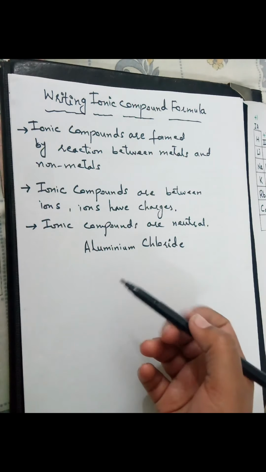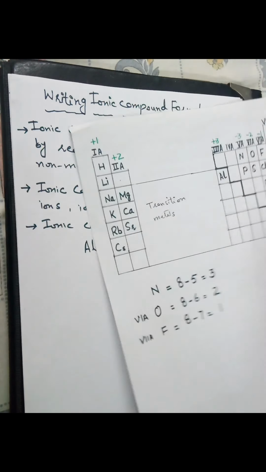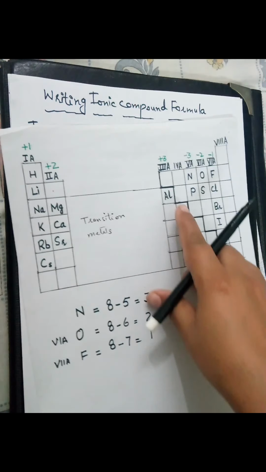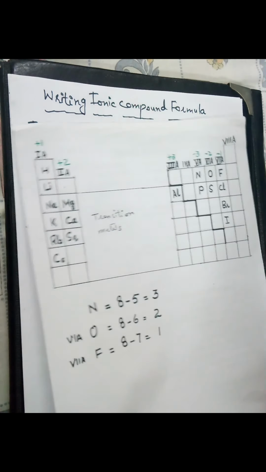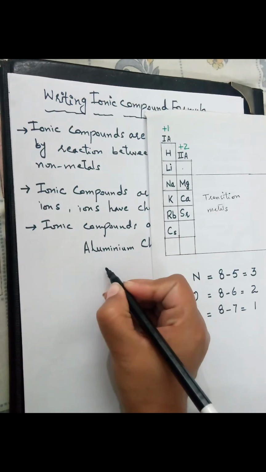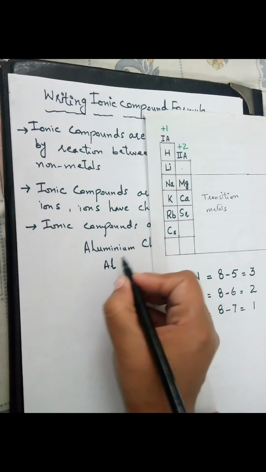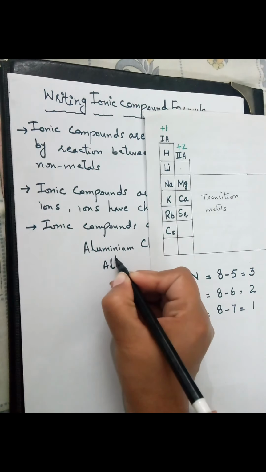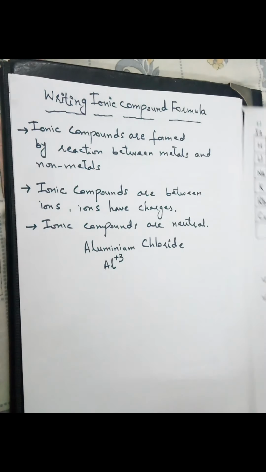Now in the case of aluminum chloride, aluminum is from the 3A group, Al. Its charge is +3. Okay.